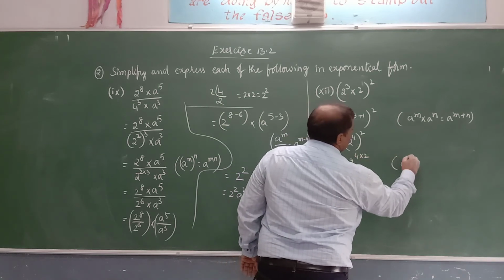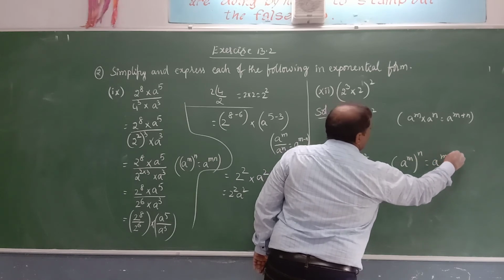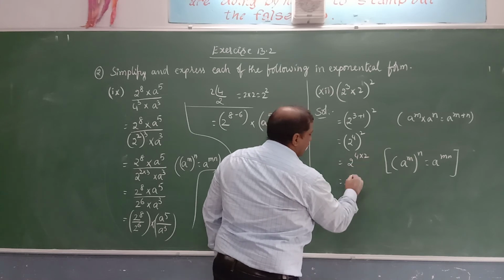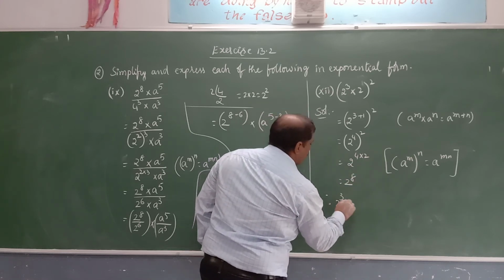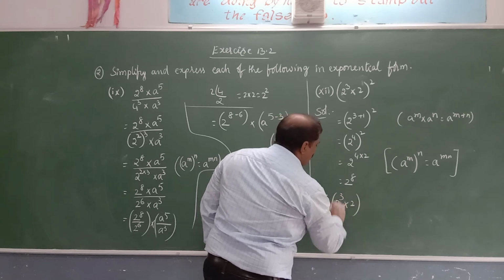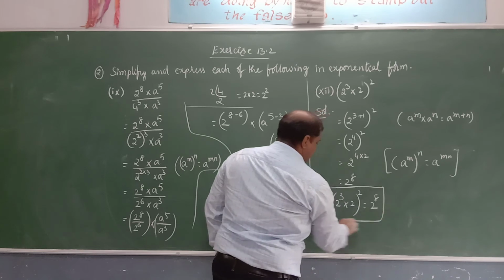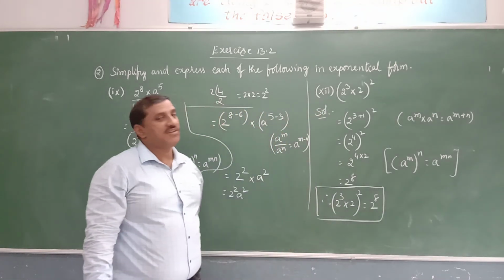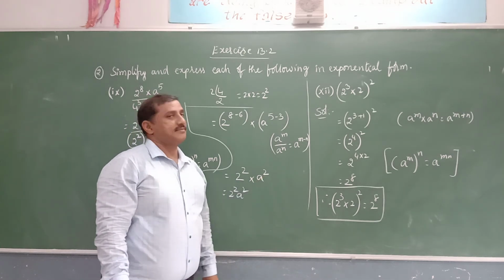So a to the power of m whole to the power of n is equal to a to the power of m into n, that is 2 to the power of 4 into 2, it is 8, 2 power 8. Therefore 2 cube into 2 whole square is equal to 2 to the power of 8. Like this we will solve and write the answer in the simplified form. Is it clear, children? Yes.